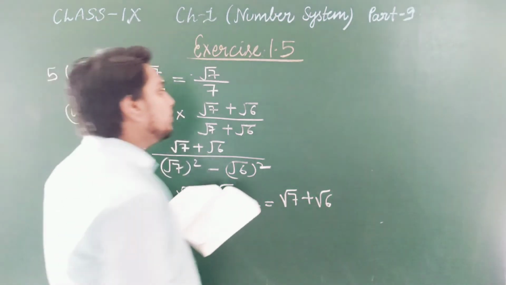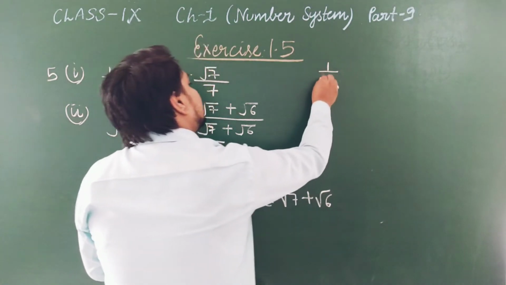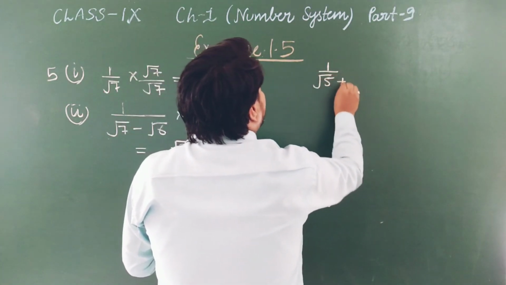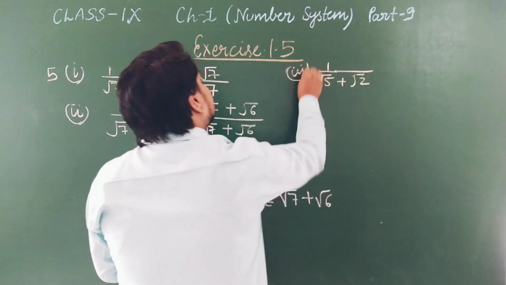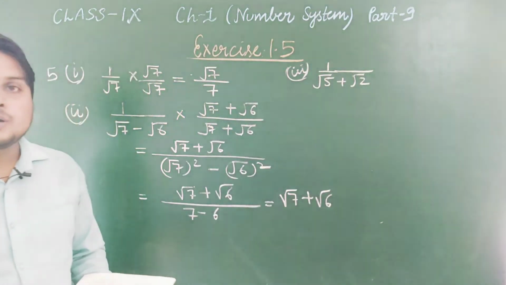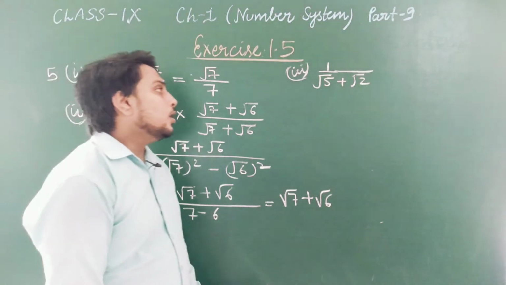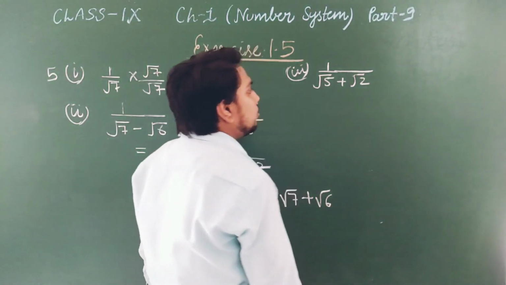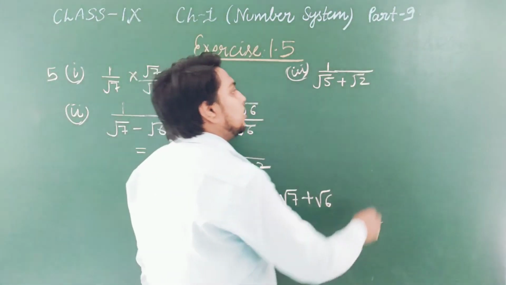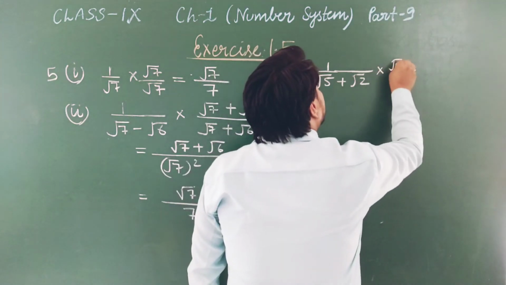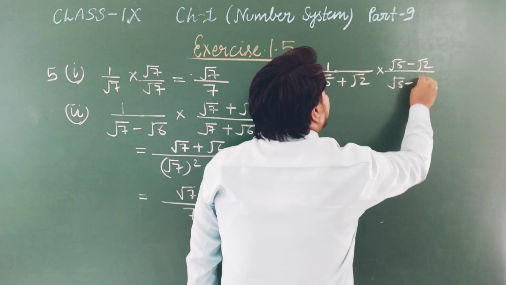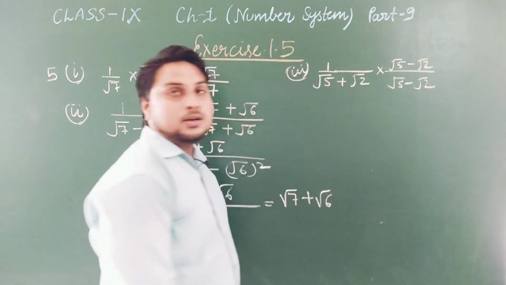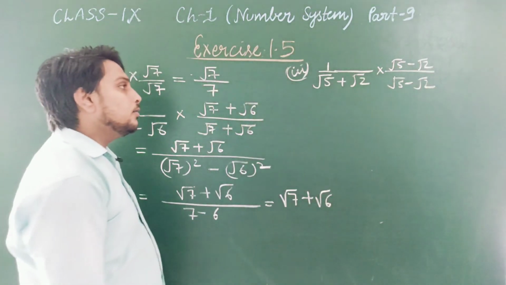Third question, in the same manner. It is 1 upon under root 5 plus under root 2. So what will we do here? We will multiply by under root 5 minus under root 2 in the numerator as well as in the denominator, so that we can rationalize it.